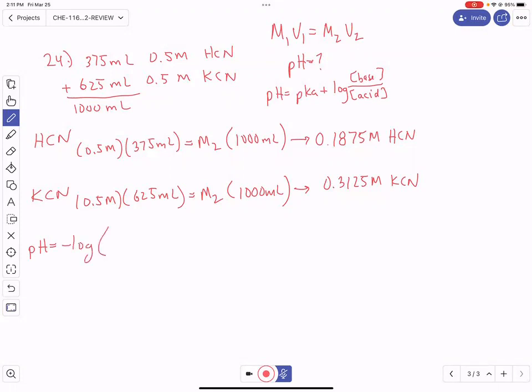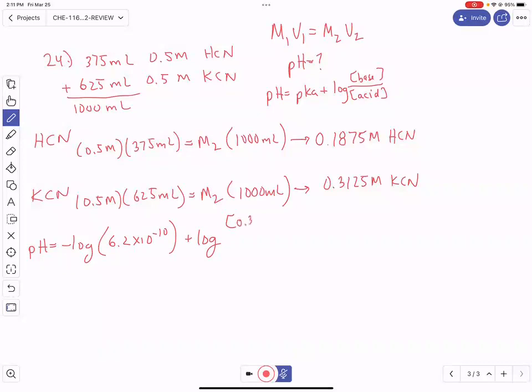The Ka of hydrogen cyanide is 6.2 times 10 to the minus 10. Like I said, it's a really weak acid. Plus the log of the concentration of my base. My base is the potassium cyanide. That's the conjugate base, right, of hydrogen cyanide.